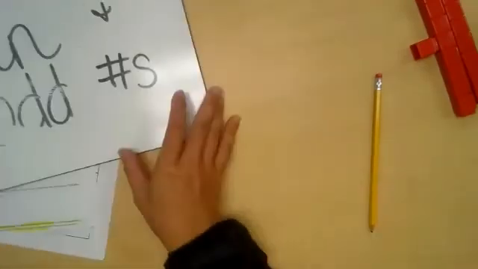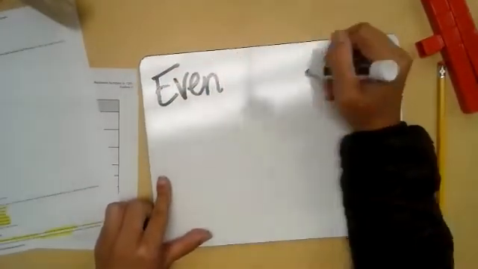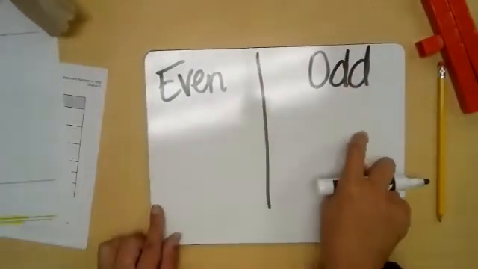Okay, I want us to think about now, how do we tell really quickly if a number is even or odd? So if I was just gonna do my little T-chart, I have even numbers and I have odd numbers.